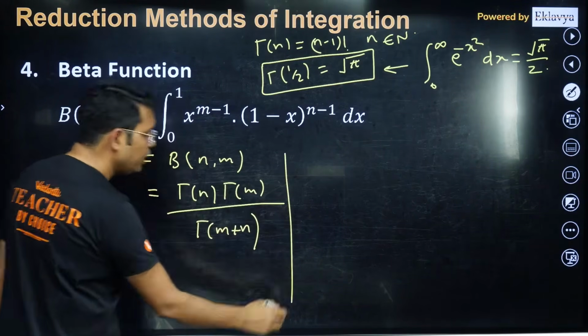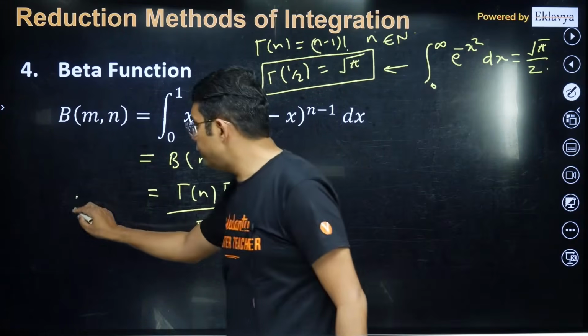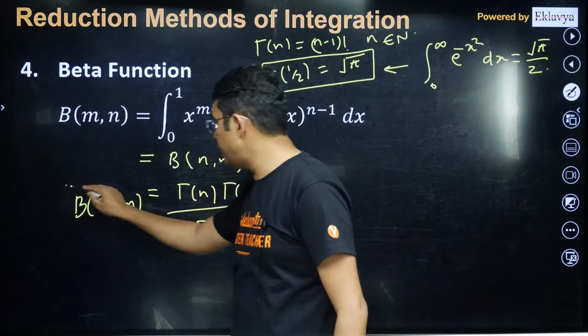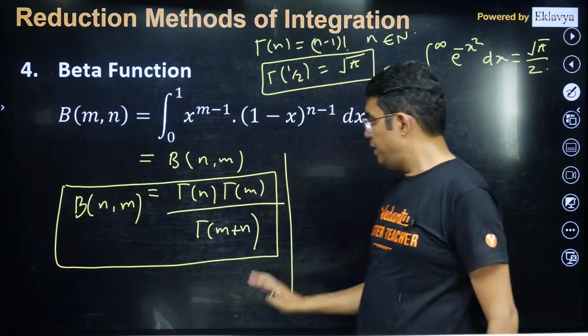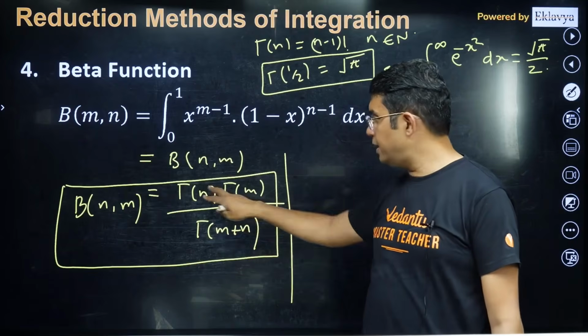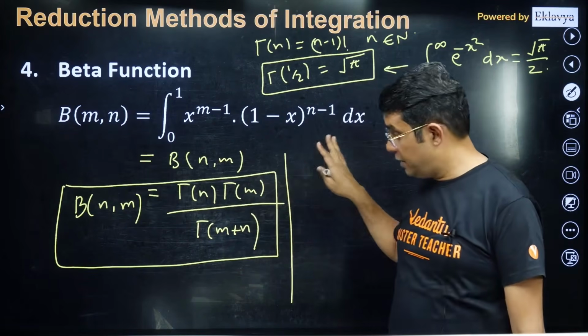I will give you a very simple proof of it, but please remember beta function m comma n, or n comma m, it's same thing, is given by this. It may give you a feeling of nCr, reciprocal of nCr, m plus n and m. So beta m comma n is given by this thing.